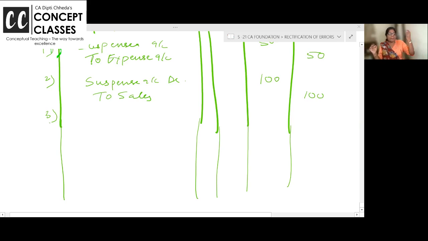Read it. Purchase is 25, but posted to the ledger of the party as 250. So creditors को ज्यादा credit किए. So can you debit the creditors by 225? 250 credit किए जबकि credit करना था 25.